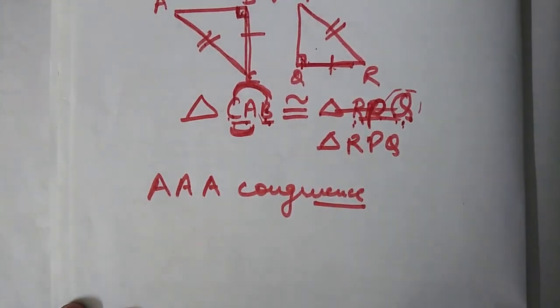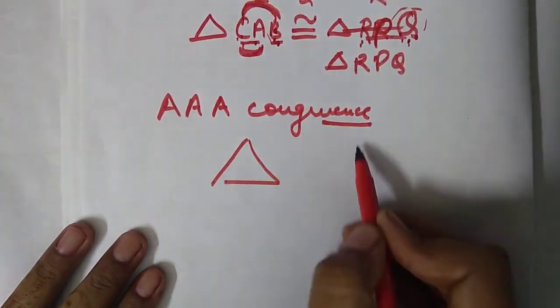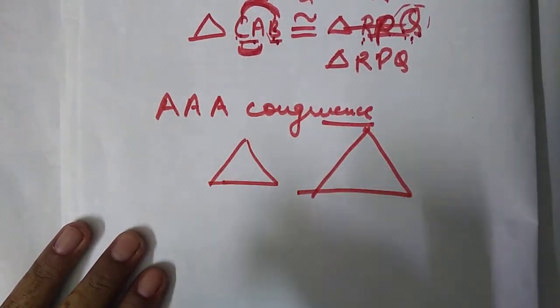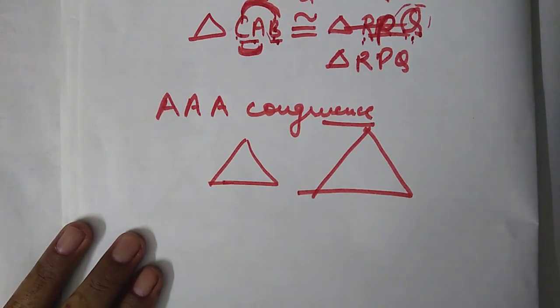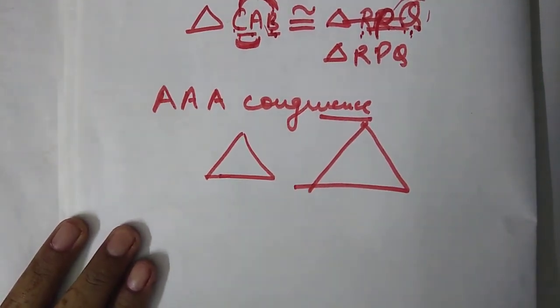Because if two triangles have all the angles equal, they need not be congruent. In such a correspondence, one of them can be an enlarged copy of the other. They would be congruent only if they are exact copies of each other.